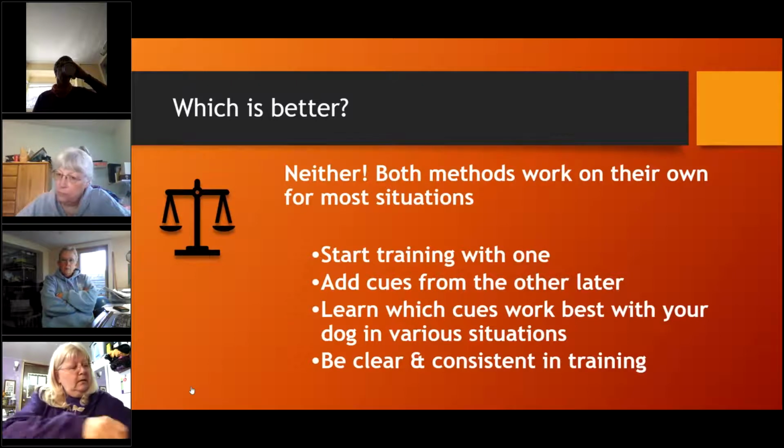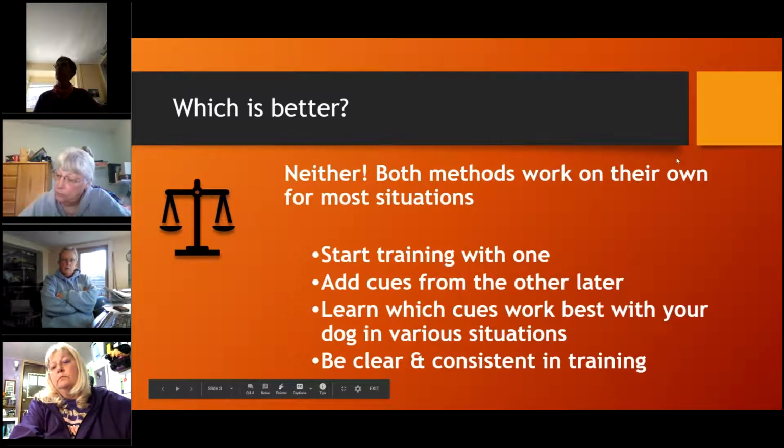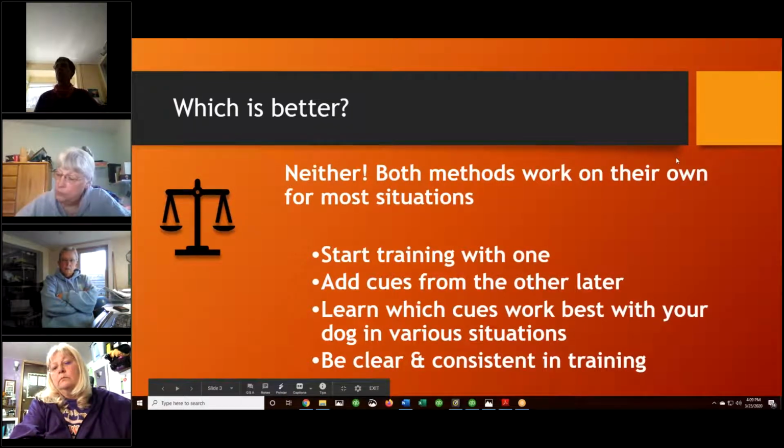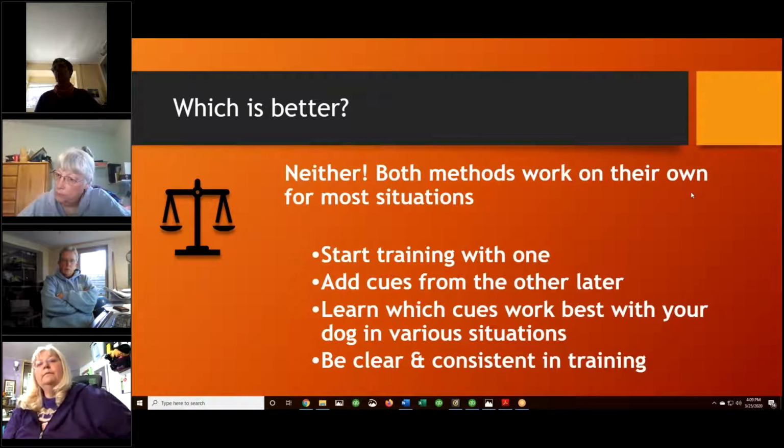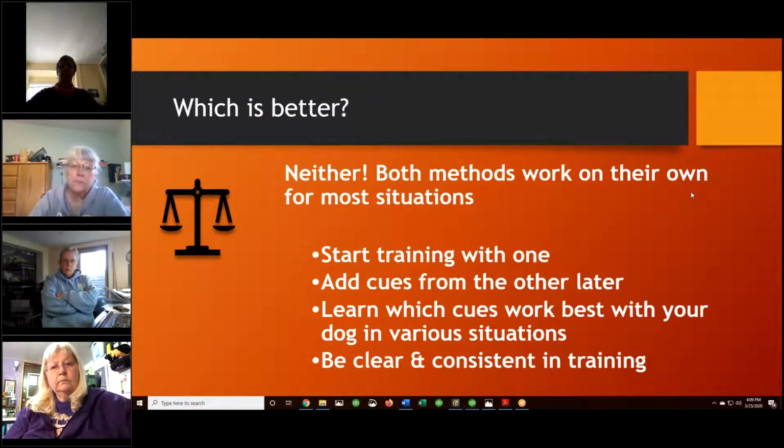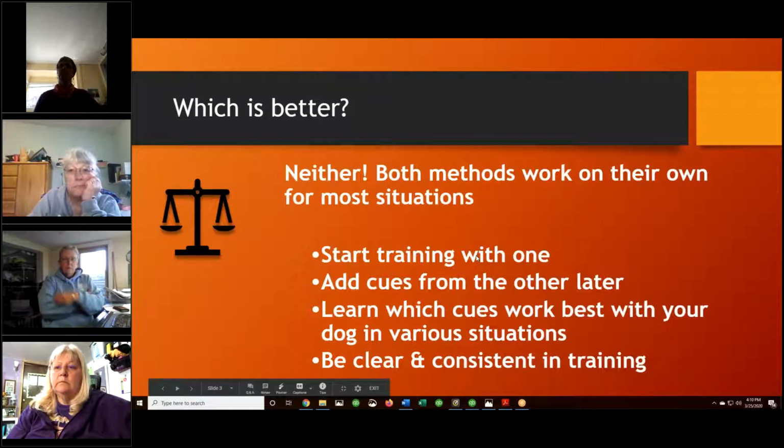But probably what's best is, as you're training, start with one, add the rest of the cues as you see you need them, and then start watching which cues work best with your dog in various situations out on the field. That's two pieces of information. At that point in time, these are the cues that work the best.